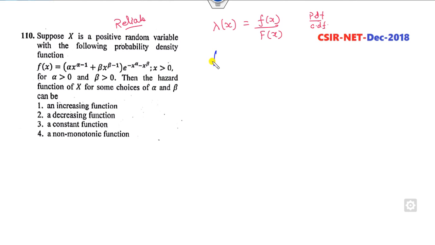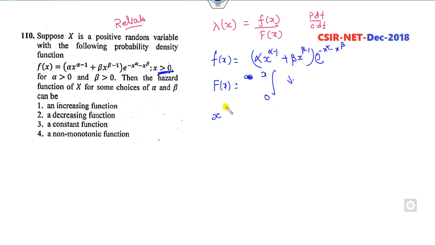Now if you look at that, f(x) is given to you as alpha x plus beta x, with e raised to the power minus of this. How do you find the CDF? That's very simple. You integrate from the lower limit 0 to x of this function.